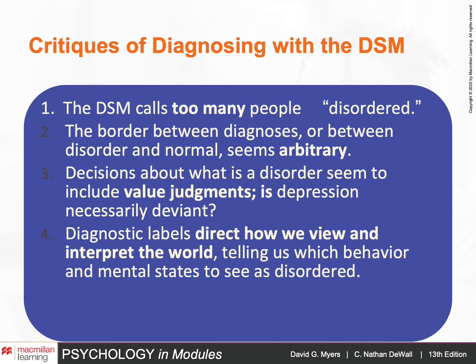So the second criticism listed there is that the border between diagnosis, between disorder and normal, sometimes seems arbitrary, right? So that's true of, again, the grief that we would expect with the death of a loved one and major depressive disorder, right? Many of those same symptoms overlap.